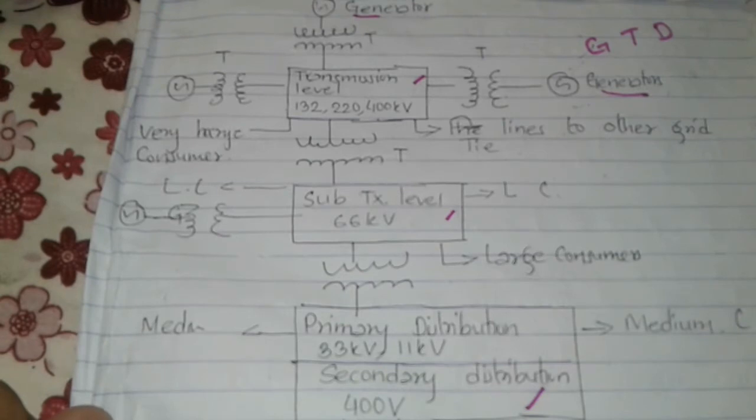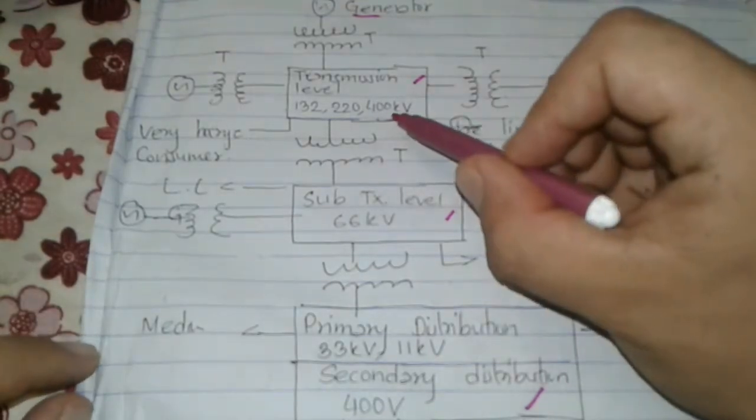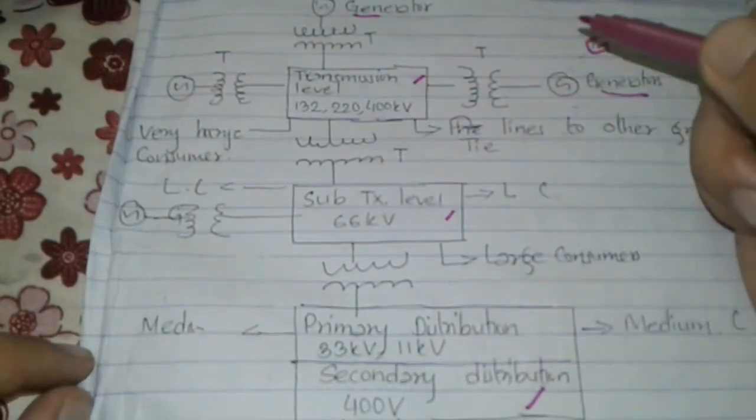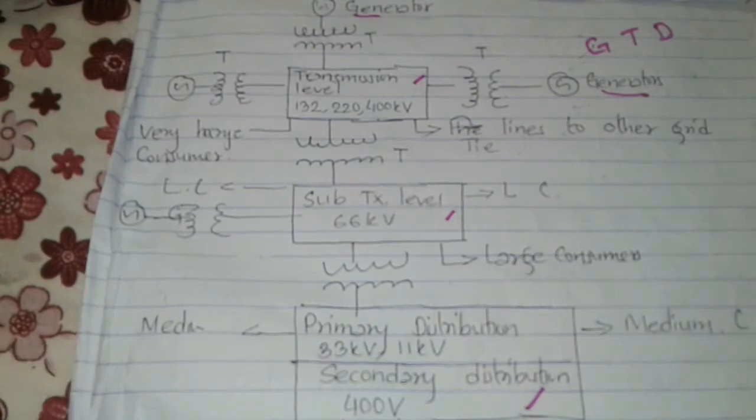While transmitting we have to have a certain level of voltage. Normally we have sometimes 400, 220 and 132 kV of voltage in the conductor while transmitting.